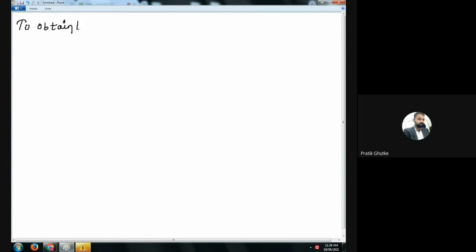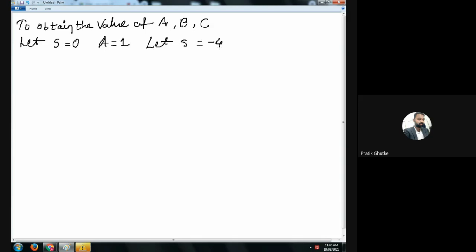I have to calculate these values of A, B and C. For calculating the value of A, let S equals 0, and A would be 1, and let S equals minus 4.